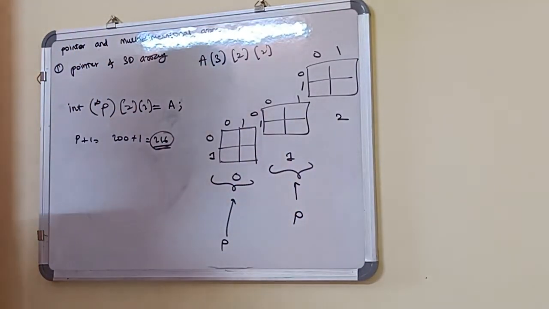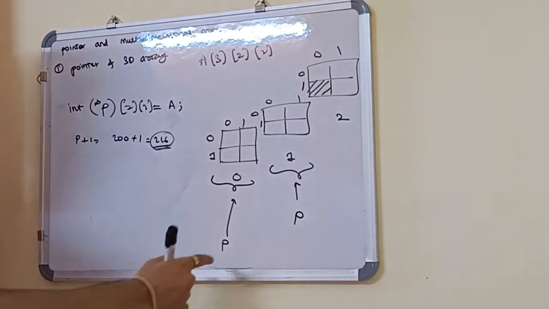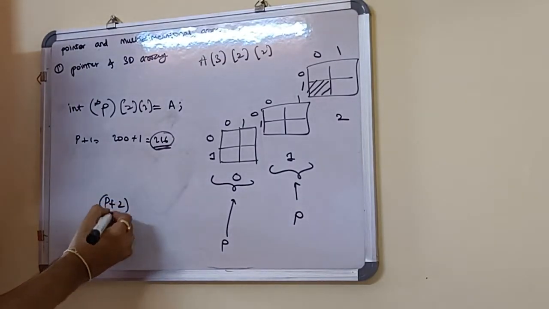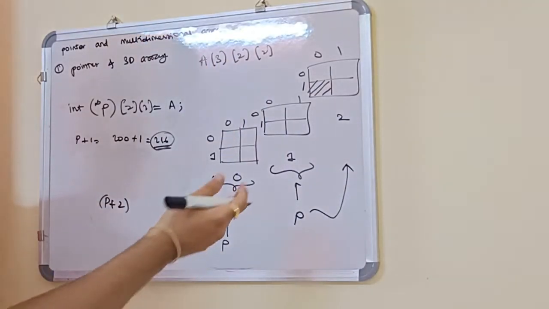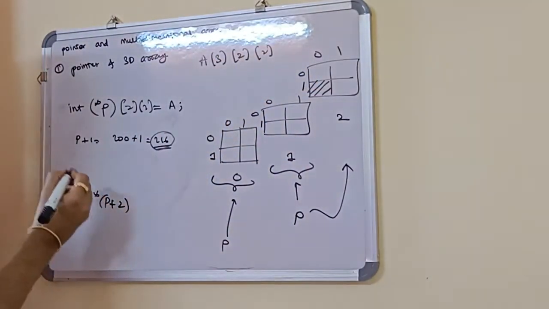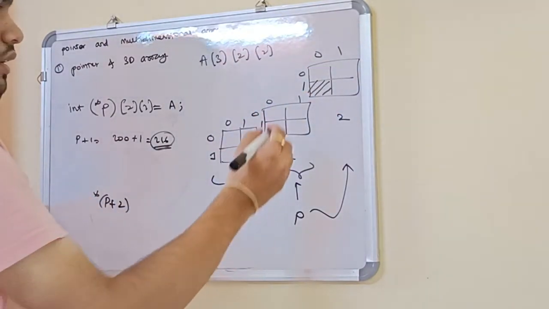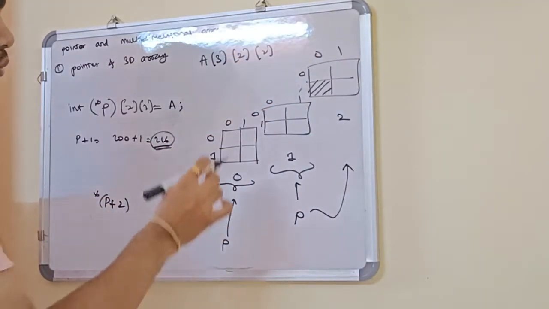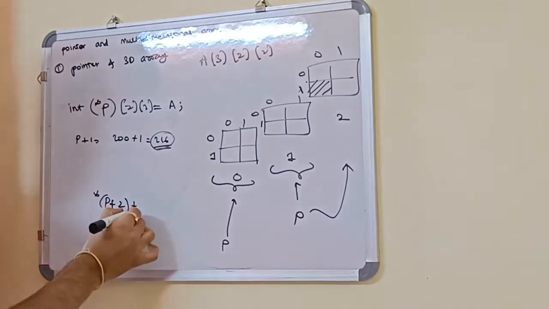Suppose I want to print this location. How can we do it? First we have to go to the second index, so I will do p plus 2. So I have pointed to that location. Now I want to go into that location, so I will dereference it. Now we have gone into that 2D array. In that I want to point to the first index, so I will write plus 1.